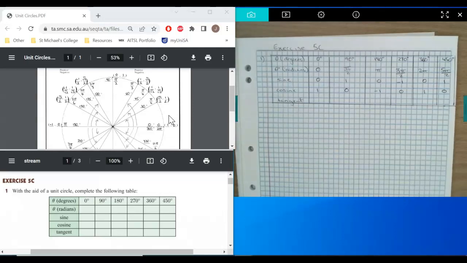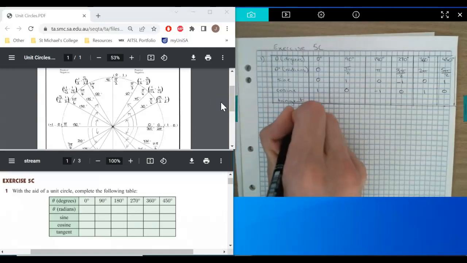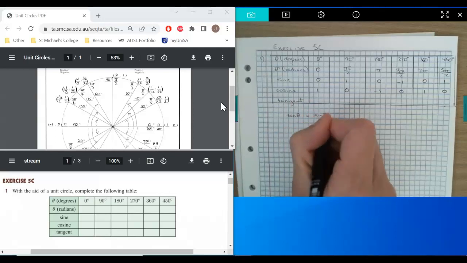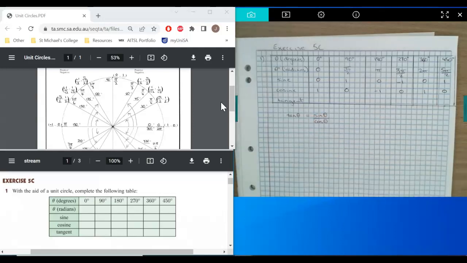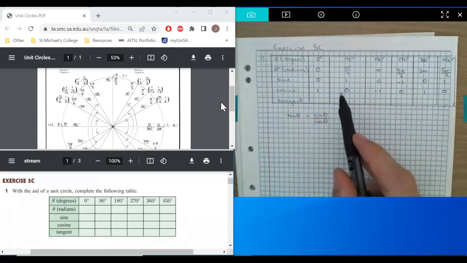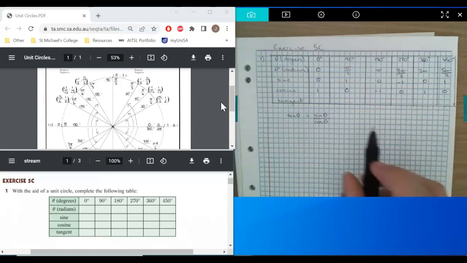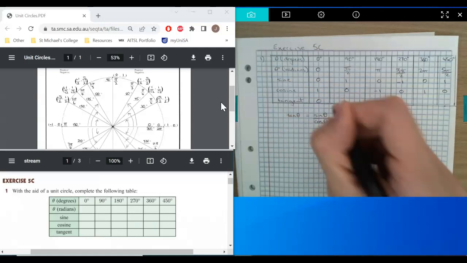Now our tangent, remember the tangent function, is defined as our sine function over our cosine function. So let's have a look. If I've got 0 over 1, 0 divided by 1 is 0.